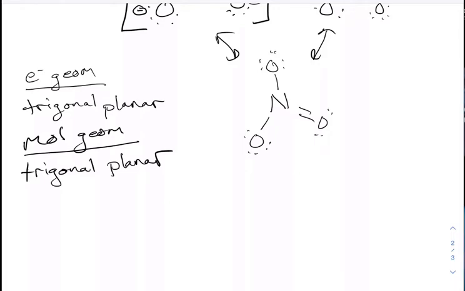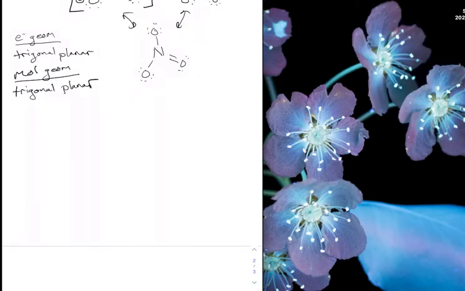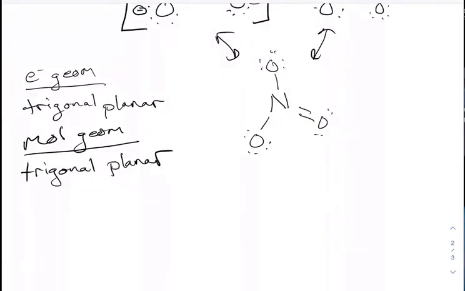And that's because the shape of the atoms that you see there, they are in that trigonal planar geometry. There's nothing out of the ordinary there in terms of the molecule as a whole, where the atoms are in a different arrangement than where all your electron groups are that make the electron geometry.